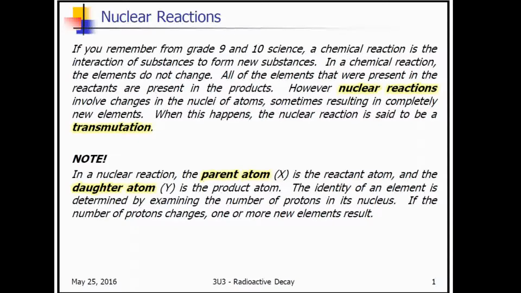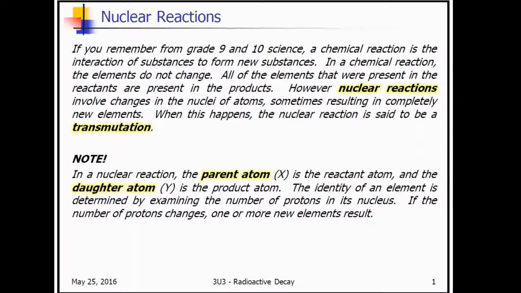It's still just a carbon element in terms of its mass, the amount of neutrons, electrons, and protons it has. It's still a carbon atom. But nuclear reactions involve changes of the nuclei of atoms, and they can result in completely new elements. And when that happens, we have what's called a transmutation.